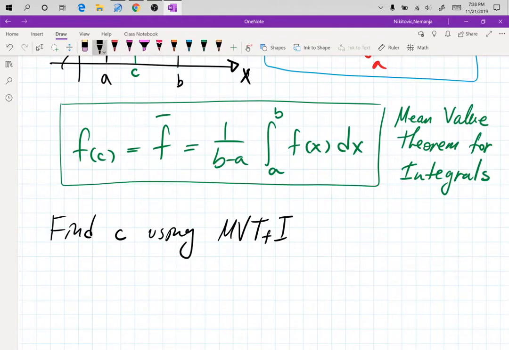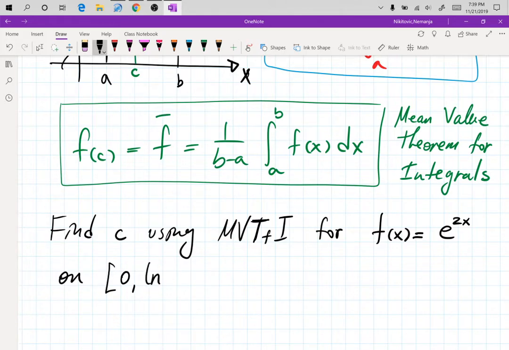You can't pronounce this, but you all know what it means. For f of x equals something. Did someone say e? Okay. e to the 2x on 0 to, let's make it easy, ln 5.